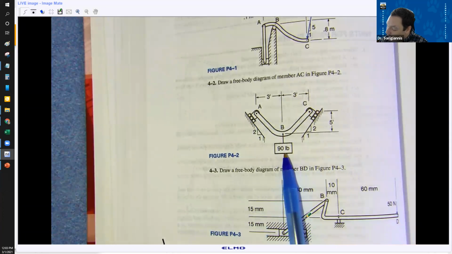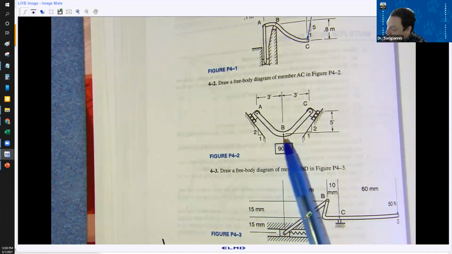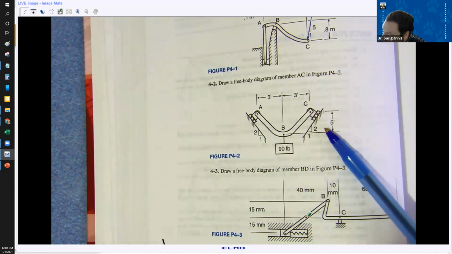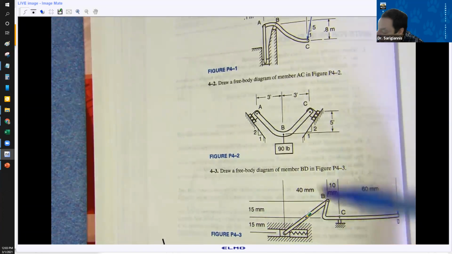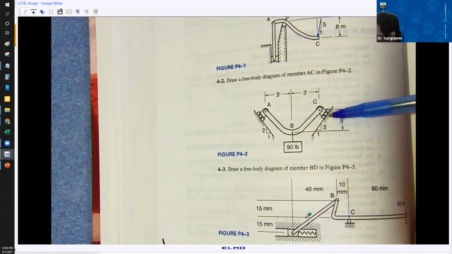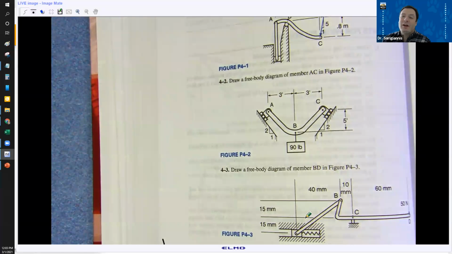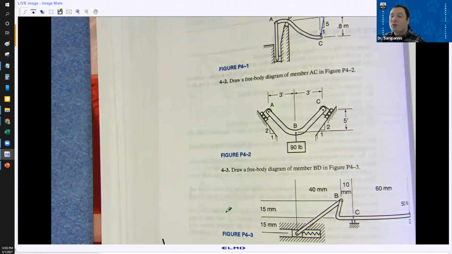And no one messed up this one, I don't think. It's 90 pounds downward, right? That's the force. That's an external force. The reaction forces, however, they're not pointed up, and they're not pointed this way. The reaction forces are reactions from the surface of contact of these rollers. So they are perpendicular to the rollers.